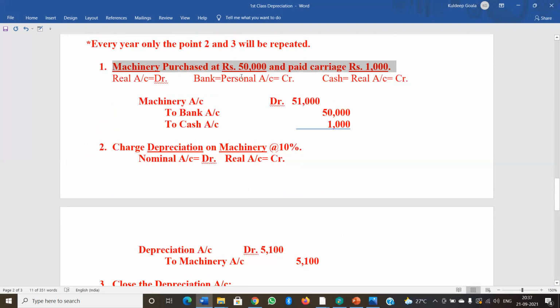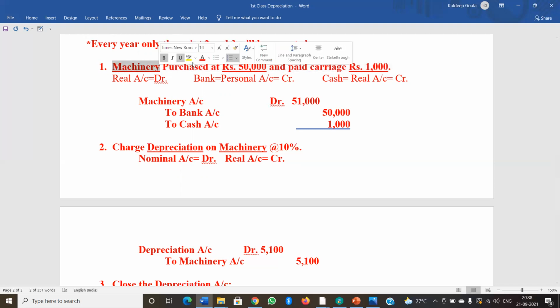So machinery purchased at rupees 50,000 and paid carriage rupees 1,000. We have purchased the machinery at 50,000 and we have paid the carriage of 1,000. So what is happening here? Machinery, what are the items we are getting? Machinery, right? Then we cannot take purchase because it is an asset, so we'll take machinery.